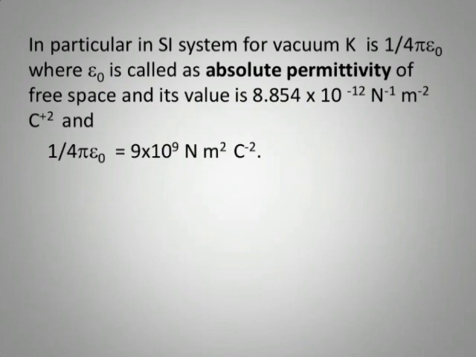If it is free space, if I keep it in the vacuum, the value of epsilon naught will be equal to 8.854 into 10 to the power of minus 12 per Newton meter square into Coulomb square. And the value of 1 divided by 4 pi epsilon naught, the value of k, is equal to 9 into 10 to the power of 9 Newton meter square per Coulomb square.